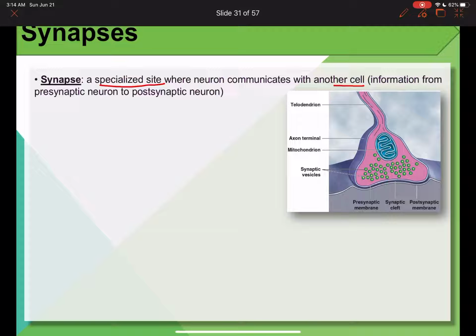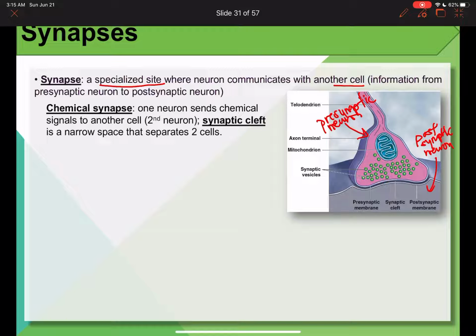And the information always travels from what we call the presynaptic neuron to the one receiving the signal as the postsynaptic neuron.